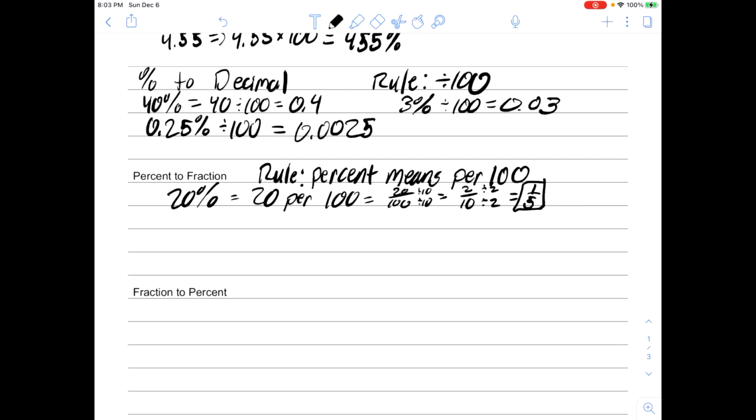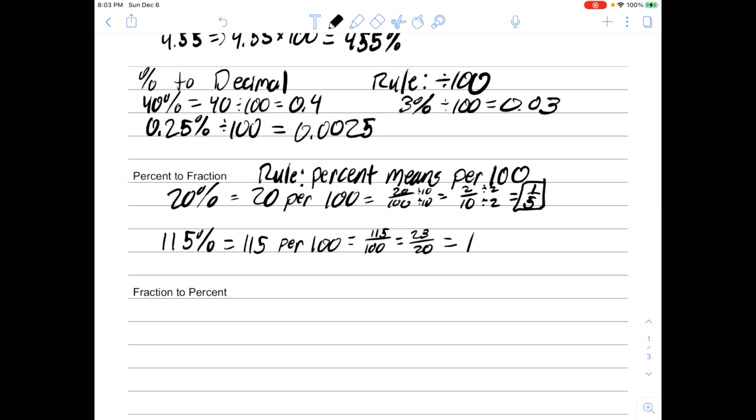If I have a fraction or a percent such as 115%, that would be 115 per 100, which would be 115 over 100. Here I'll divide by 5 on the top and bottom. That gives me 23 over 20, which is an improper fraction.